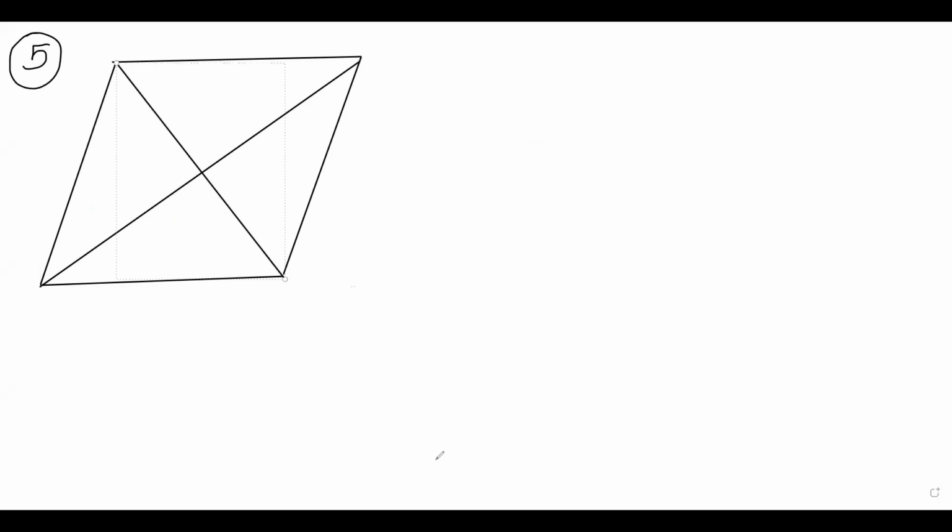What is the parallelogram? Take it as KLMN. Okay. Do this one, okay? Do it.